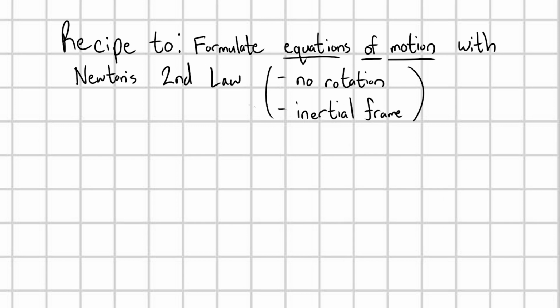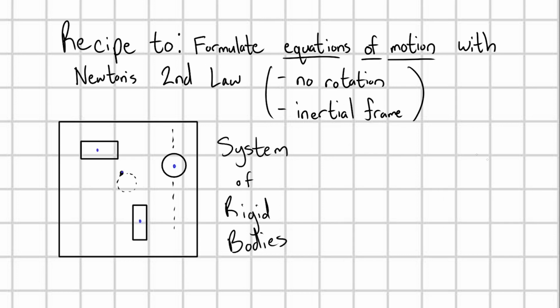Okay? So what's the basic goal of mechanics if we think about it at a very high level? Let's say here that I have a system of rigid bodies, okay? And each rigid body has a center of mass that I'm labeling in blue here, and maybe some of them are free to move around, and some of them have constraints on them, which I'm indicating with these dashed lines.